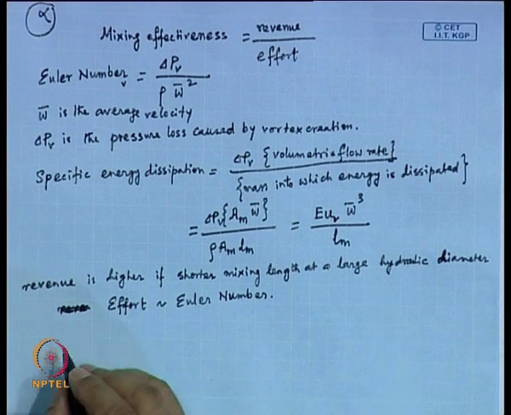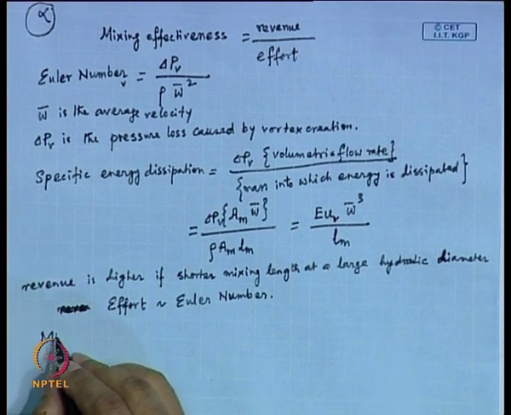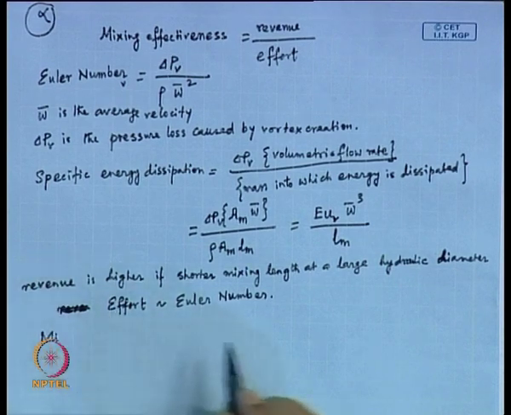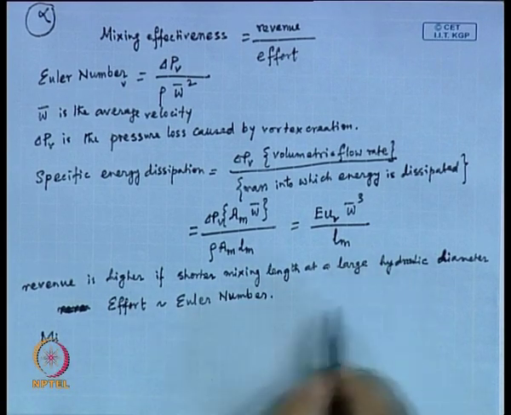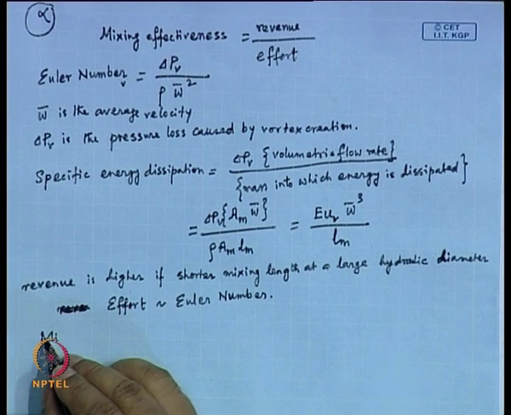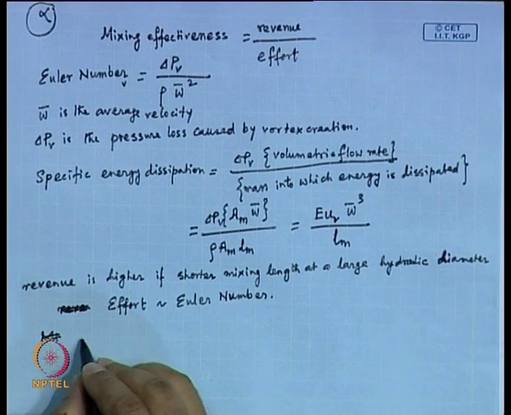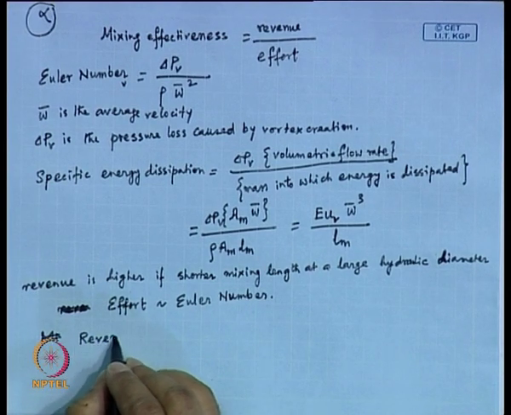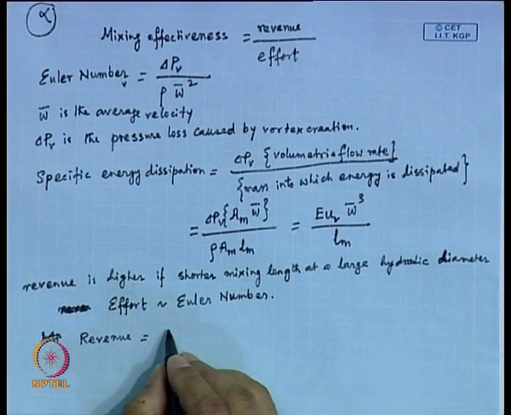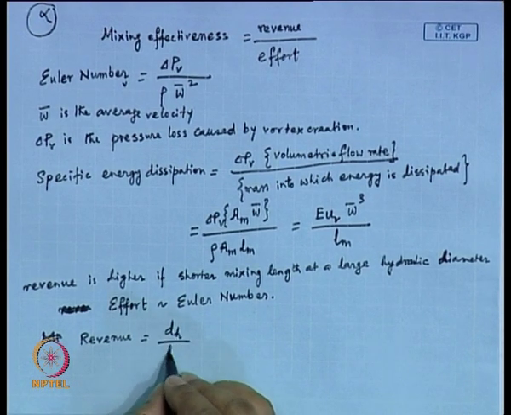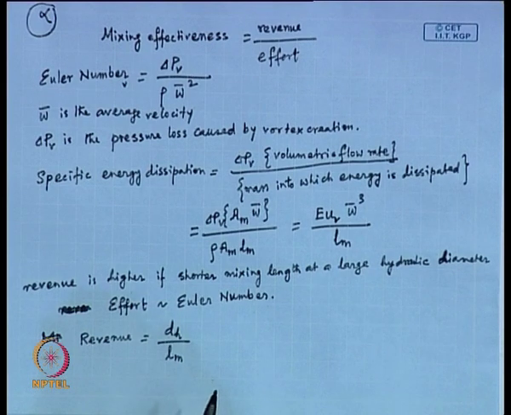Okay, so, this mixing effectiveness, now we said revenue is higher if shorter mixing length at a larger hydraulic diameter. So, this revenue then in that case is equal to dH, hydraulic diameter, divided by mixing length.